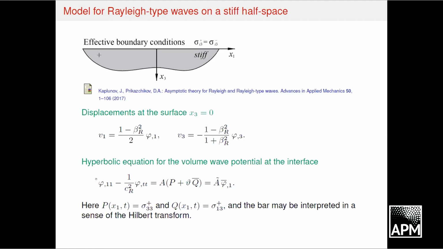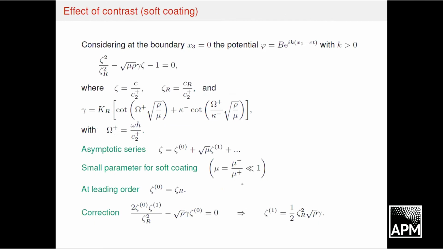So we get a hyperbolic equation here, and on the right-hand side, we have a constant times this term here, where the overbar is a harmonic conjugate, and this is the derivative with respect to, so it could be sort of a Hilbert transform, really.